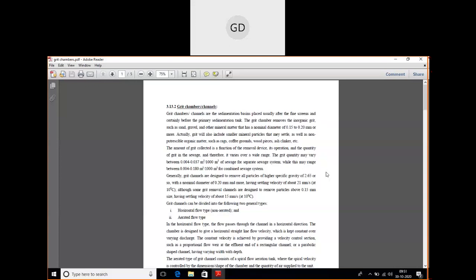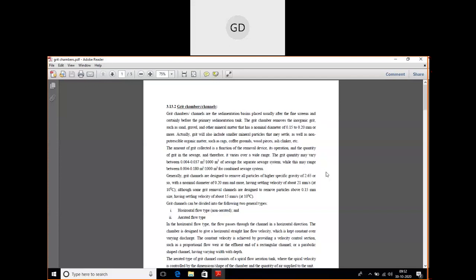What is the work of the grit chambers or channels? The grit chamber removes the inorganic grit, such as sand, gravel and other mineral matter, those present in the sewage, the mineral matter that has a nominal diameter of 0.15 to 0.20 millimeter.